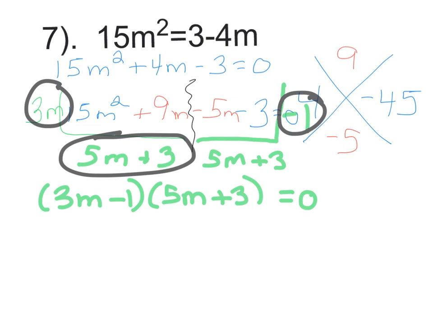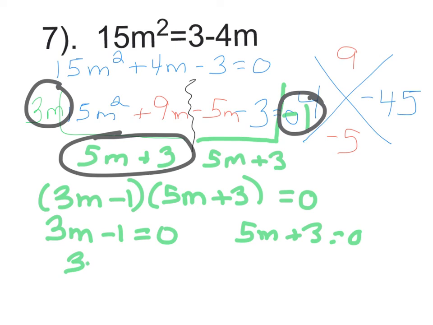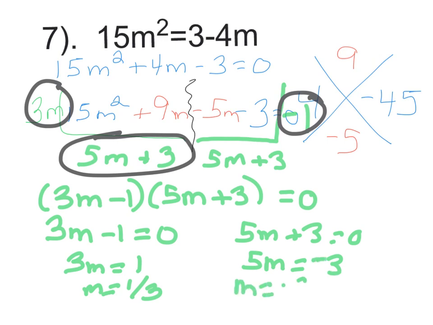Okay, so in this example, we're going to set 3m minus 1 equals 0, 5m plus 3 equals 0. 3m equals 1, m is equal to 1/3. On this side, we'll get 5m is equal to negative 3. m is equal to negative 3/5.